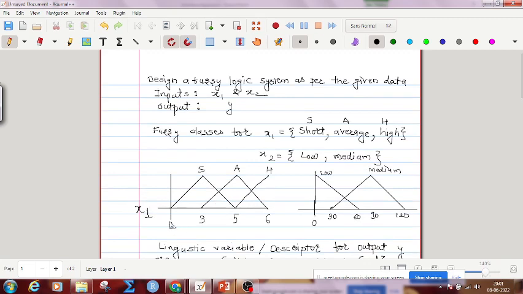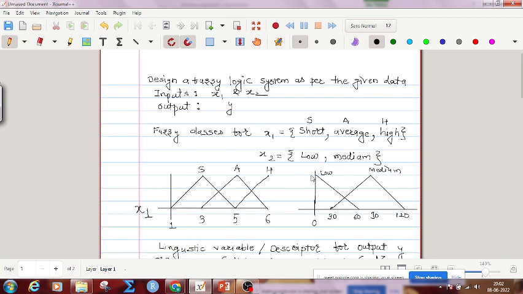What is the range? Range is from 1 to 6. Small class is 1 to 5, average class is 3 to 6, and high class is 5 onwards. Only the limiting value 6 is given to us. For x2, the classes are low and medium. Only 2 classes are given. Low is from 0 to 60, and medium is from 30 to 120.